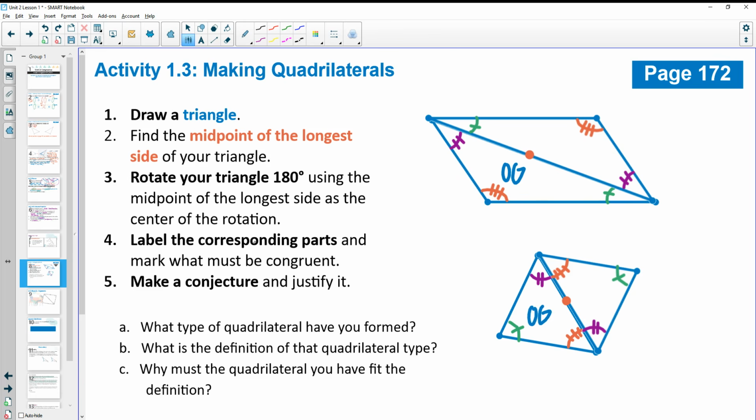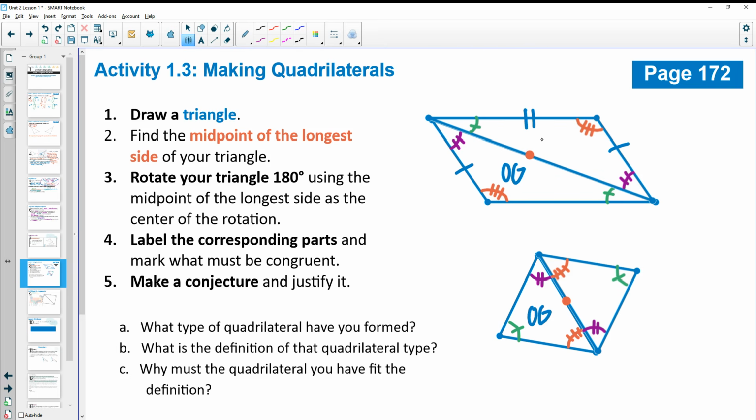Then it says label the corresponding parts and mark what must be congruent. My copy already kind of has it because I already have the angles marked, but I also want to mark the sides. So this side right here between the purple and orange angle is congruent to the one between the purple and orange in my new one.